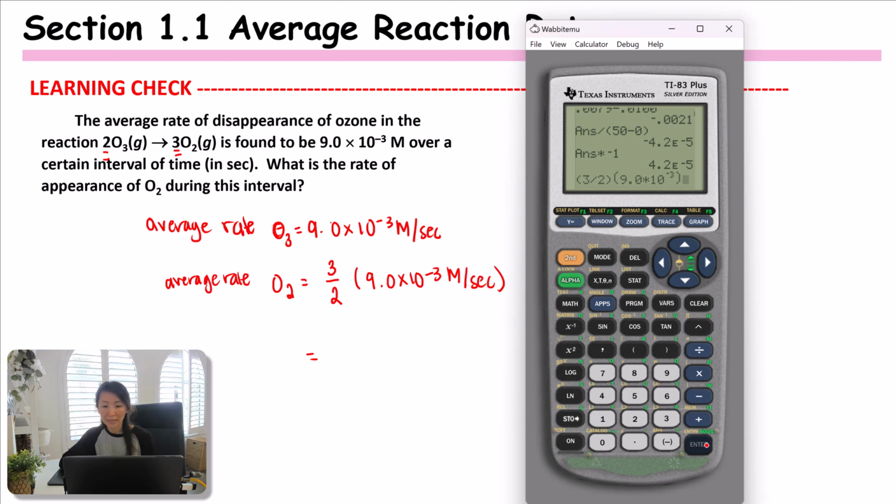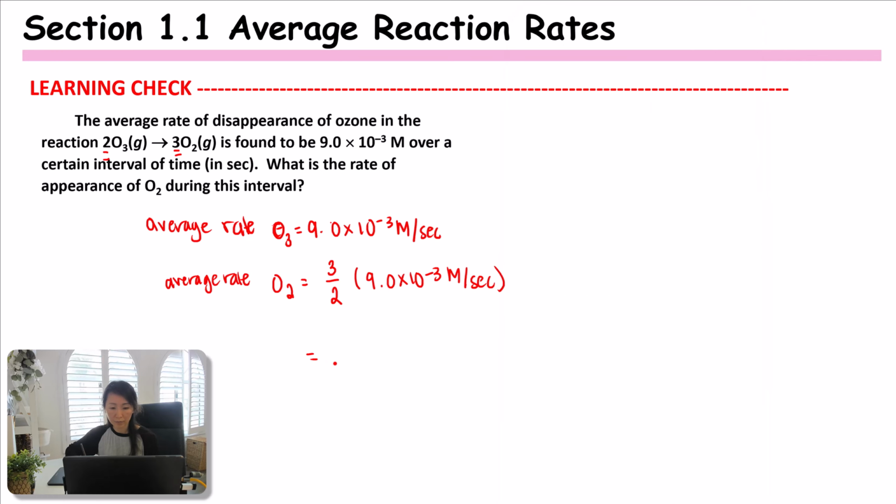Go ahead and press enter, and I get 0.0135. So maybe 0.014 molarity per second. So that is the average rate of the oxygen that is being formed over time.